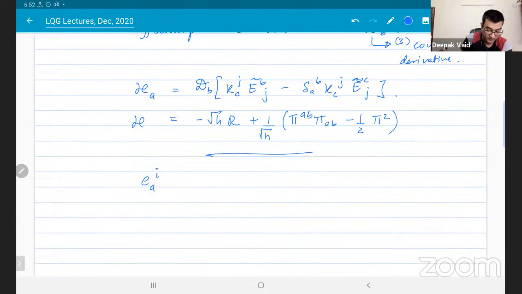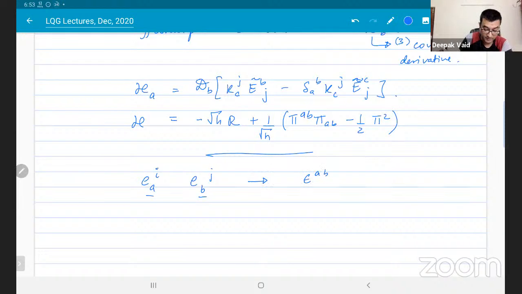We start with this triad. Let's take two of these vectors. I and J label the vectors. A and B are the components, the space-time components. If I want to take the cross product of these two vectors, what would I do?